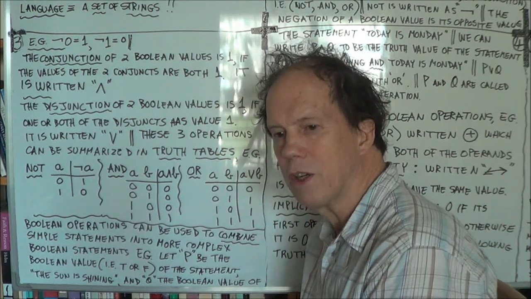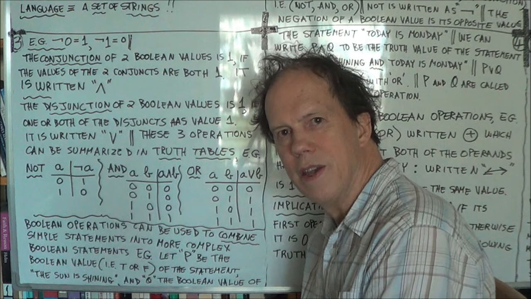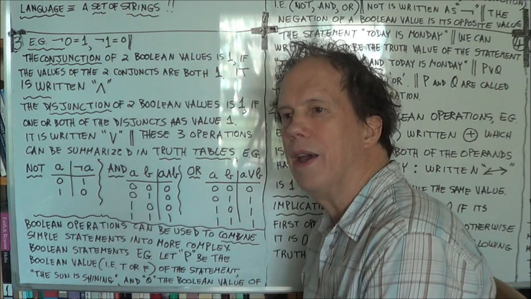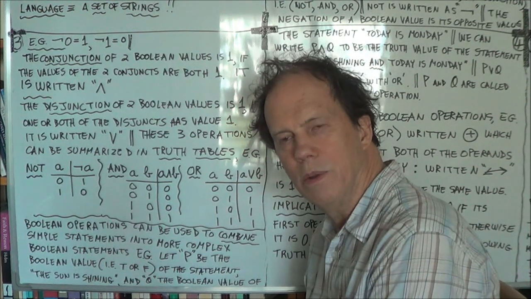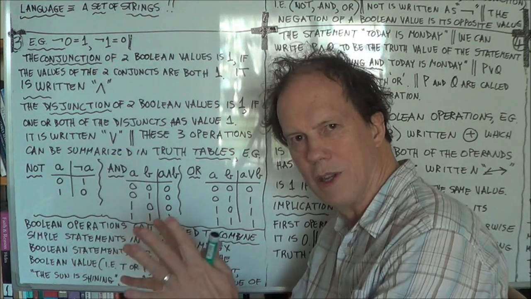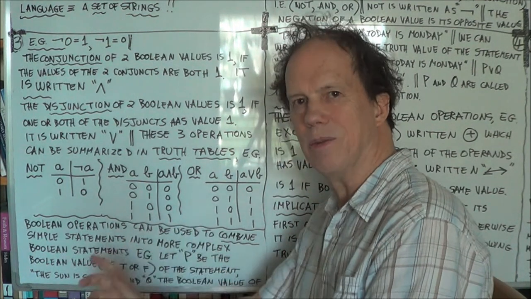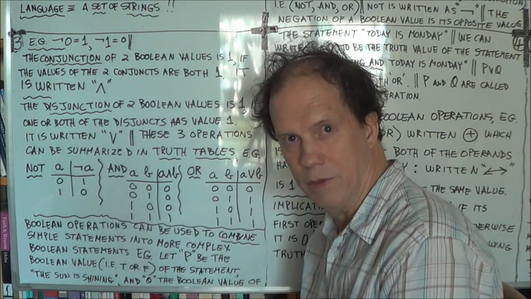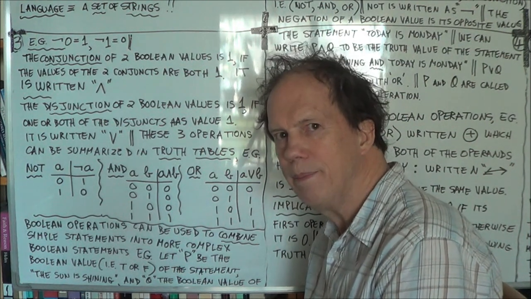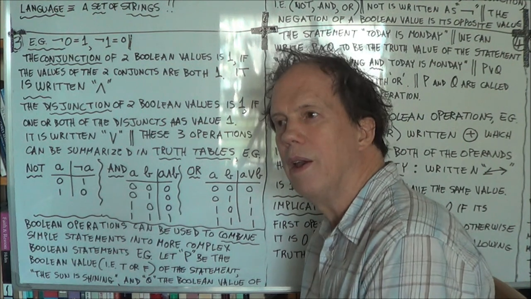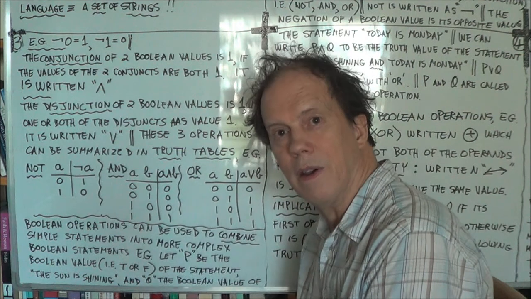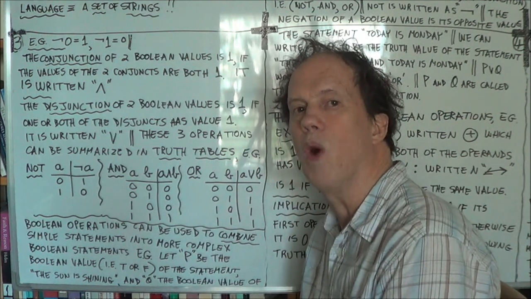So the conjunction would be x and y, and x has a Boolean value, y has a Boolean value, and the statement as a whole, x and y, also has a Boolean value, and that value will be 1, true, only if x and y both have Boolean value 1.